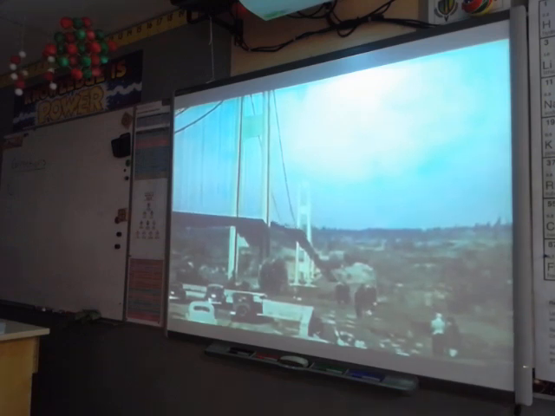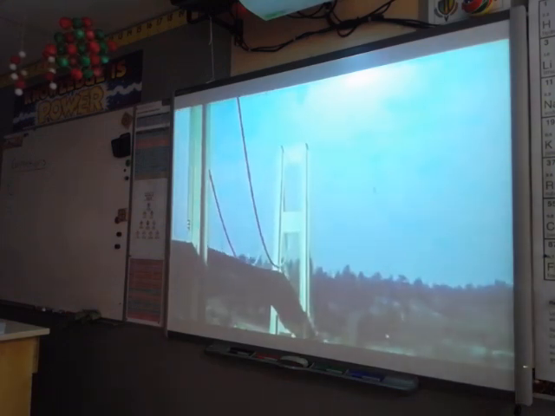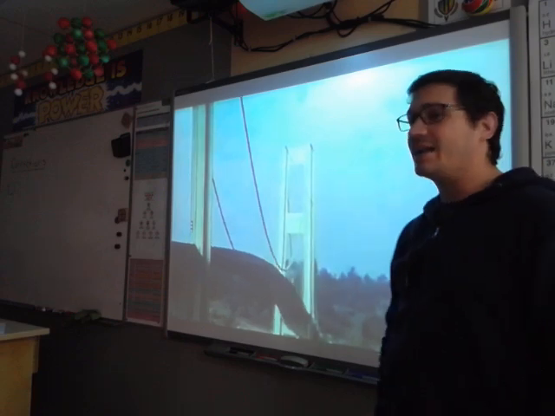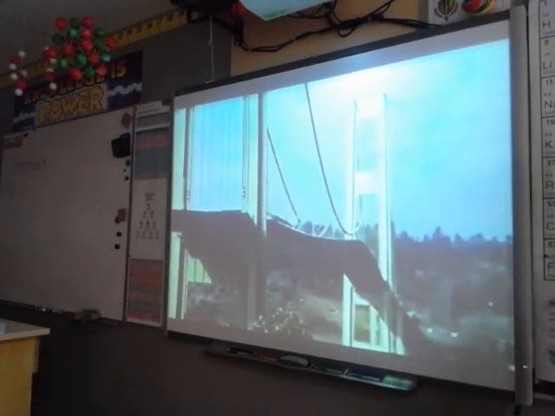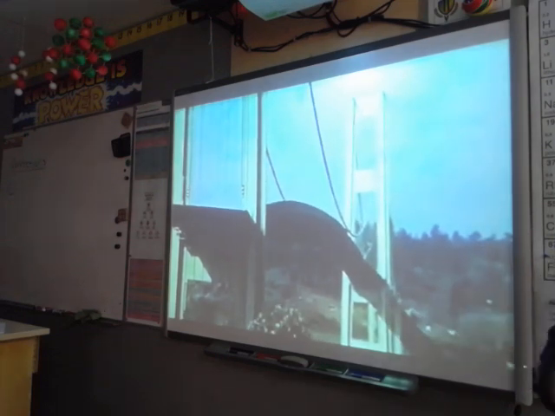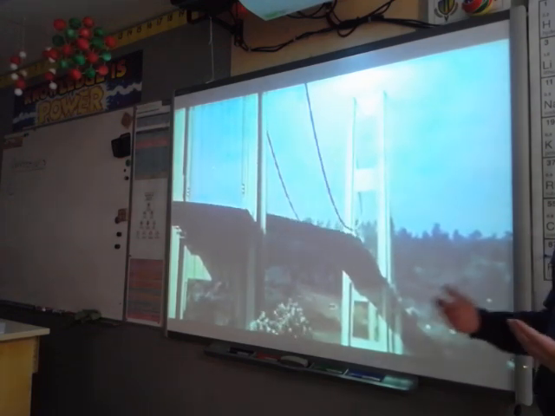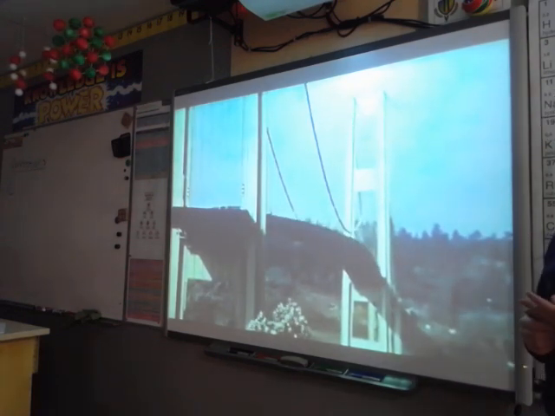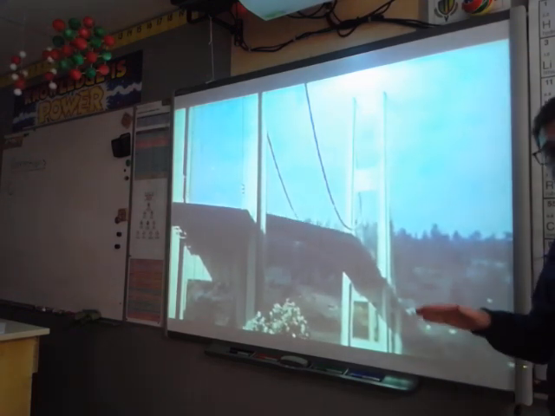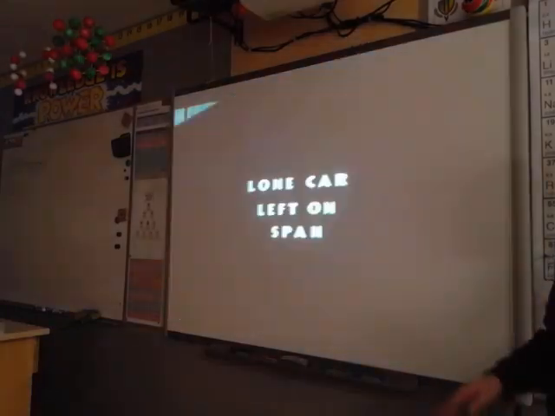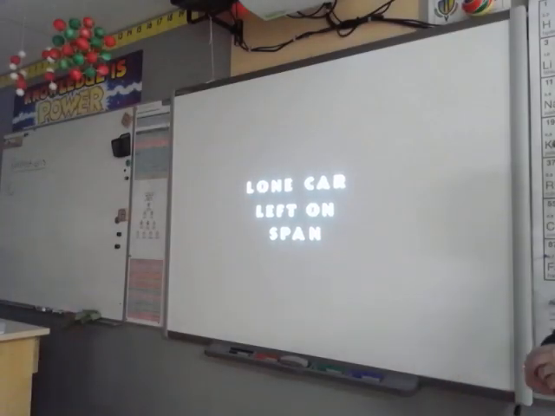So this is the Tacoma Narrows Bridge in the United States, in the 1950s. Do you know what's adding energy into this system right now? It's wind. The wind is causing vibrations and oscillations in the bridge at its natural resonant frequency.